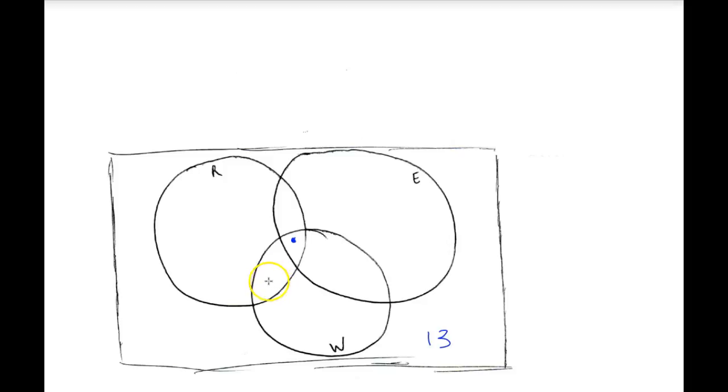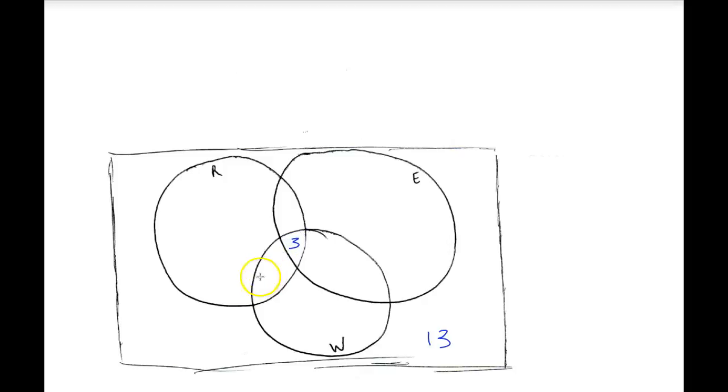In other words, they preferred reality shows, they preferred to watch them early, and they preferred to watch them on weekdays. So that's the intersection of R, E, and W, and thus we have 3 people there. So here we can just put a 3.